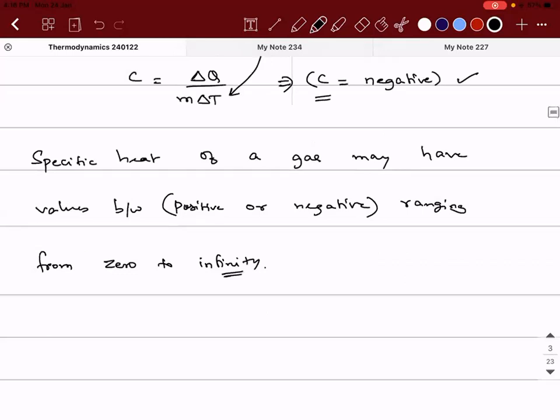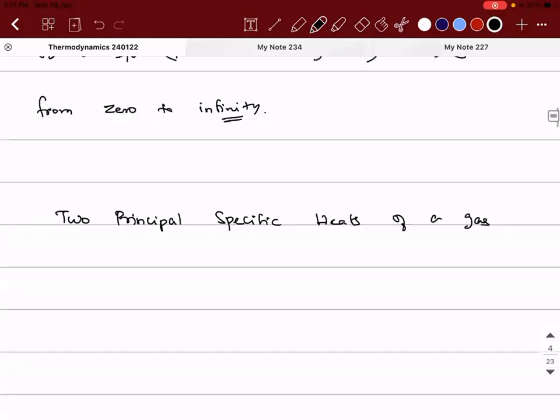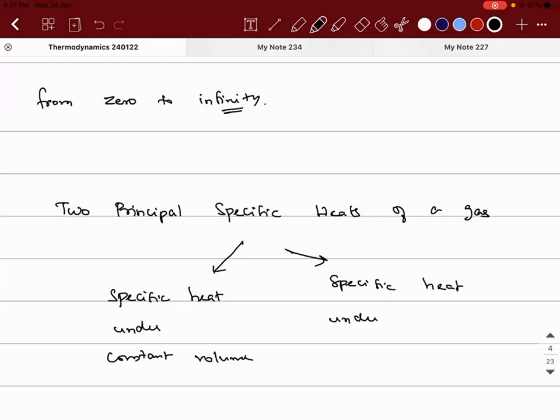So from this we can come to a conclusion that we use only two principal specific heats of a gas. That is, you will define the specific heat under constant volume, or you define the specific heat under constant pressure.